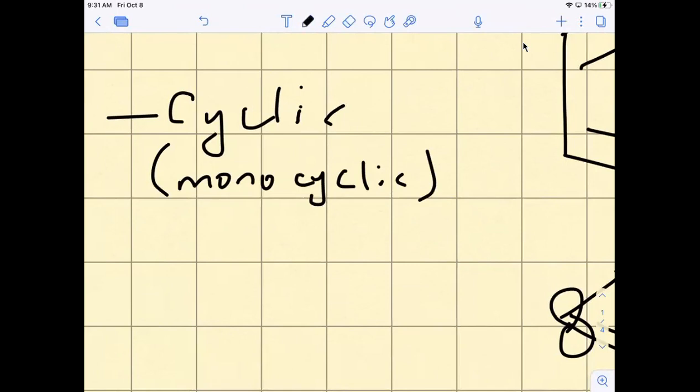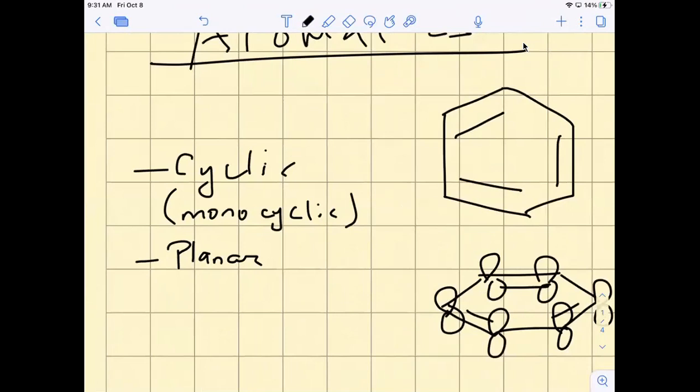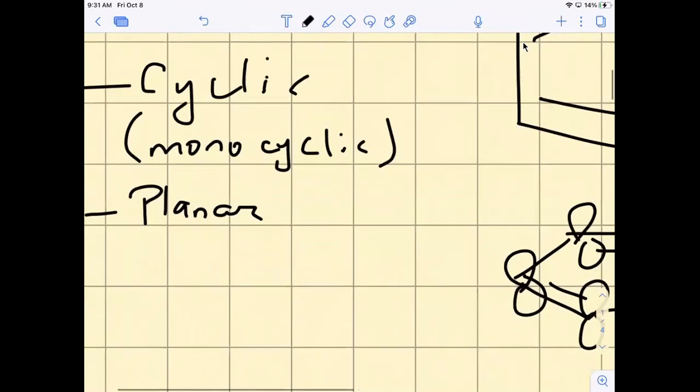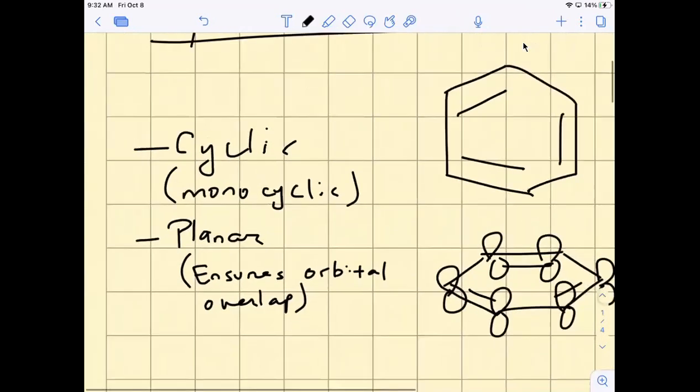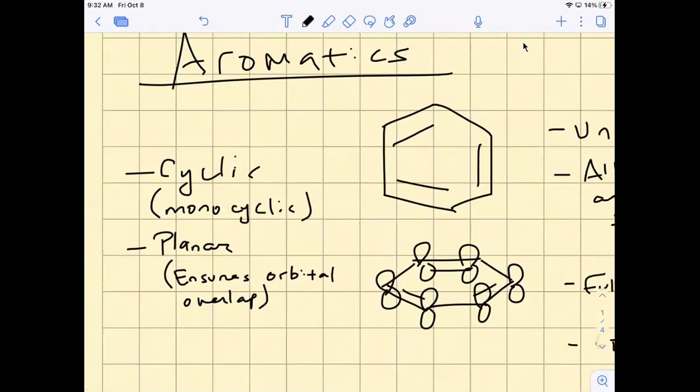It needs to be planar, right, or flat. And benzene is most definitely flat. The reason that planarity matters is for orbital overlap. Right, so if it's planar, all the p orbitals can talk to each other. Like they can all see each other and overlap with each other, right? So it needs to be cyclic, it needs to be planar.